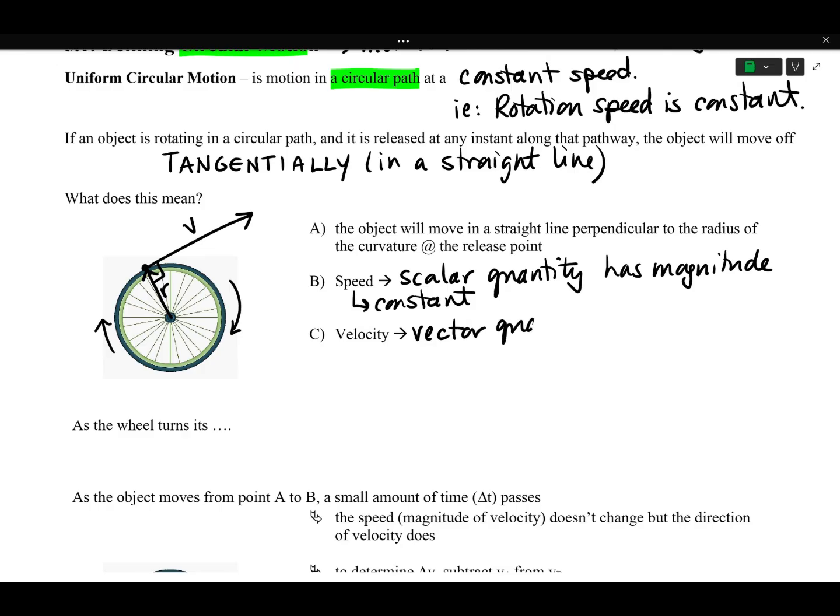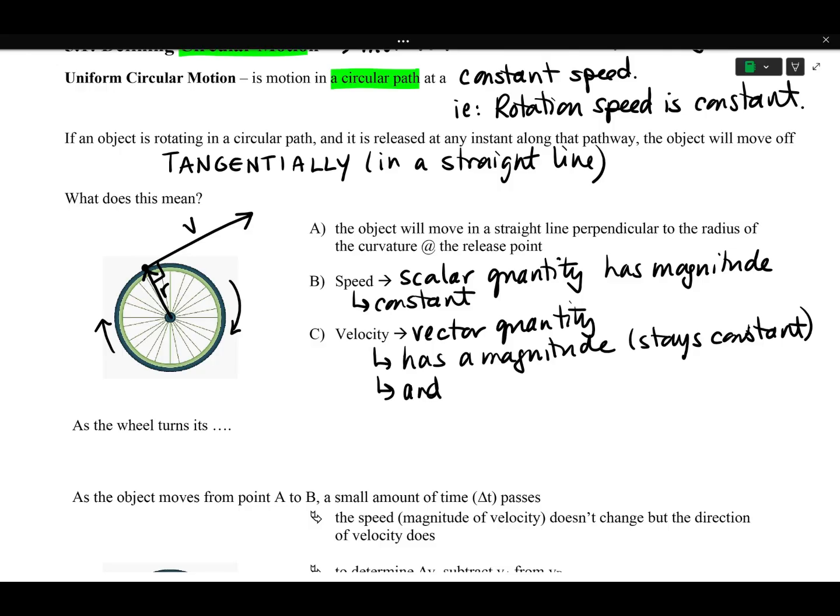The velocity has a magnitude, which is going to stay constant. So the speed magnitude is going to be the velocity magnitude, and it's going to stay constant. The thing that is changing, that is going to give us that acceleration, is the direction.